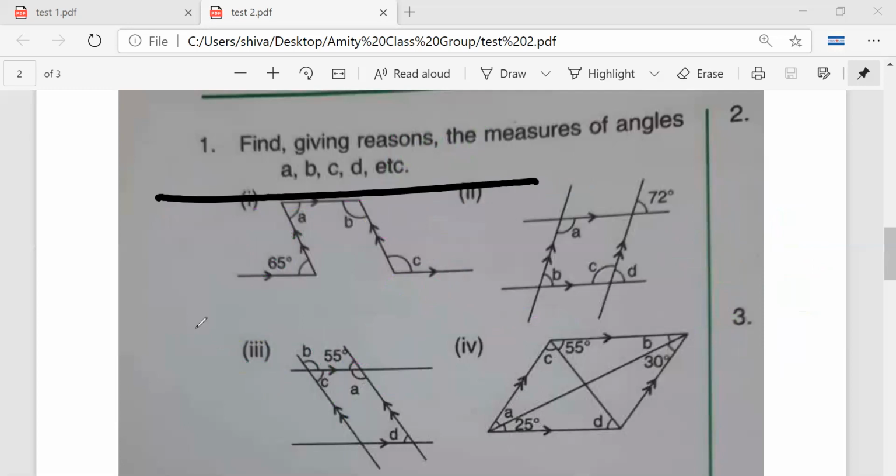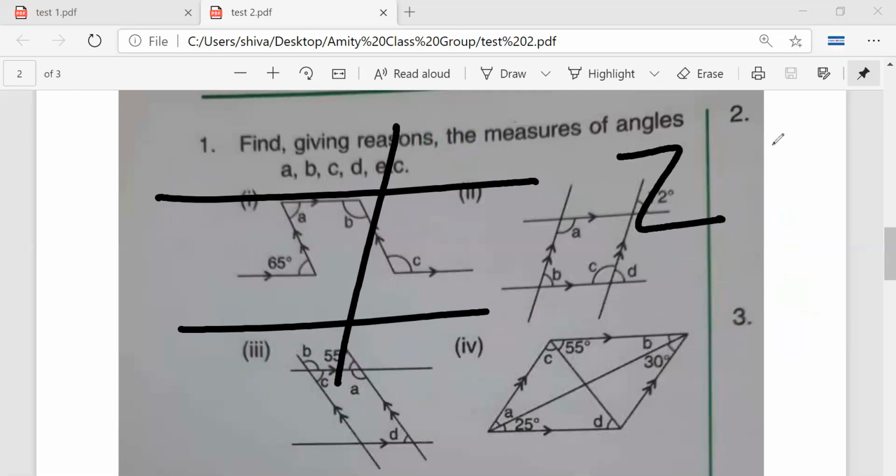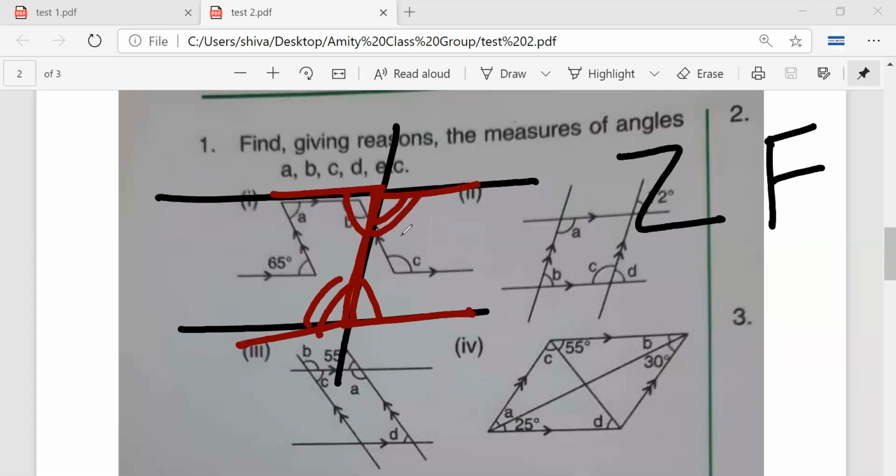So now I have two rules. One is a Z, another is an F. So this is equal to this is equal to this is an example of Z. And if you want F, you have lots of F. This is an F, this is an F, this is an F, this is an F. Any doubt?